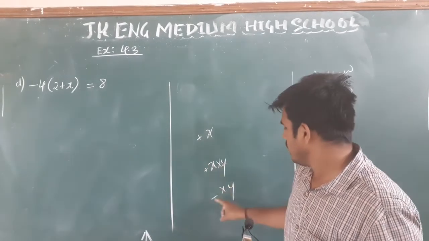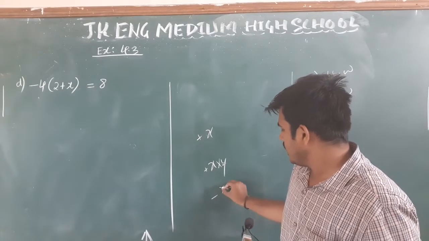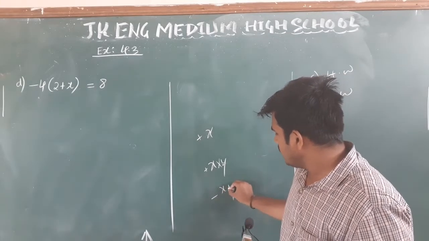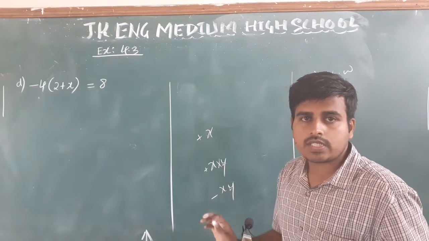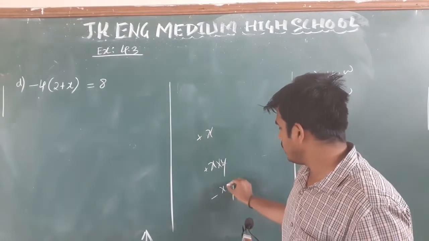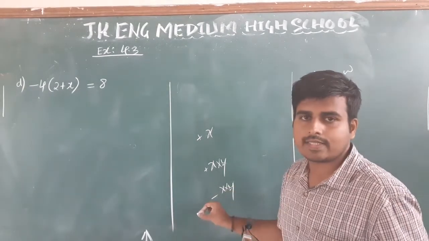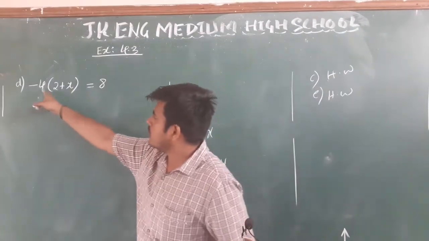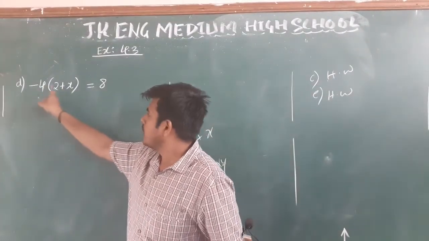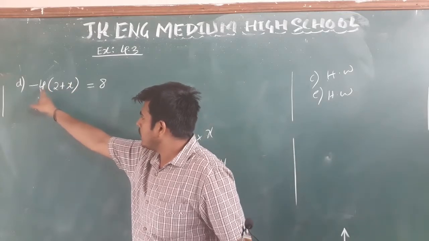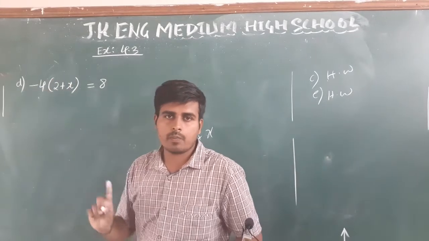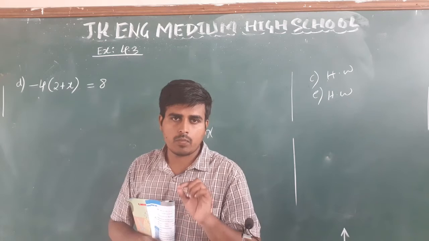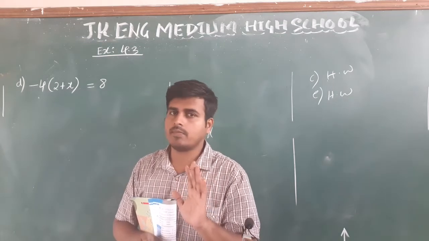Here minus xy, x the sign minus, y the sign plus, but operation is not addition, operation is multiplication here. X into y will give you xy. Likewise minus 4 the sign minus, bracket the sign plus, but in between these two there is no operation symbol, therefore it shows multiplication.